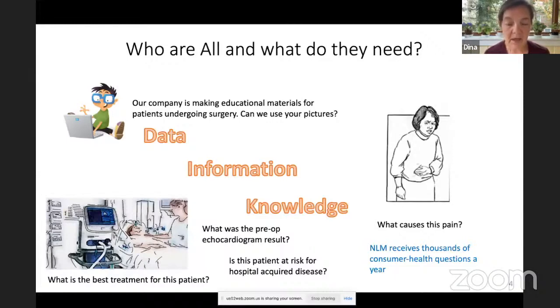One type is a longer form that they send to the customer services, often asking about some health-related issues. And now, more and more frequently, they type the whole questions into the Medline Plus search box. Medline Plus is the NLM resource for specifically providing information to the public in the form that is better understandable than the professional scientific literature.